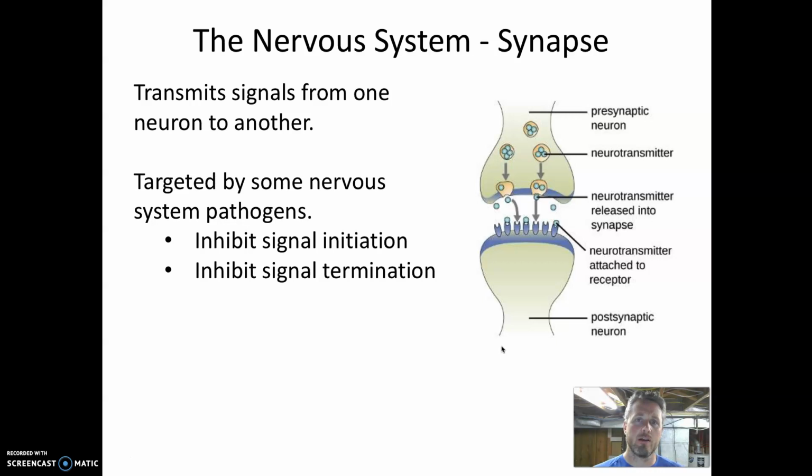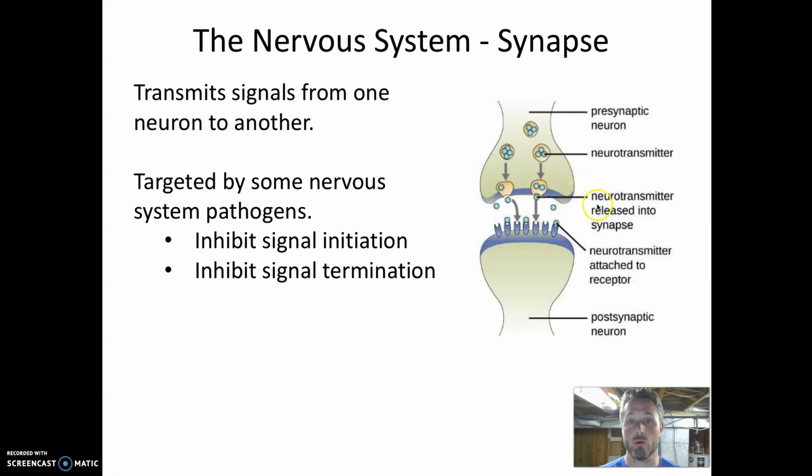Other pathogenic toxins might inhibit signal termination. So once this postsynaptic neuron is being stimulated, because the neurotransmitters are bound to the receptors here, after some amount of time, these neurotransmitters should be removed from the synapse so that they stop stimulating that neuron.